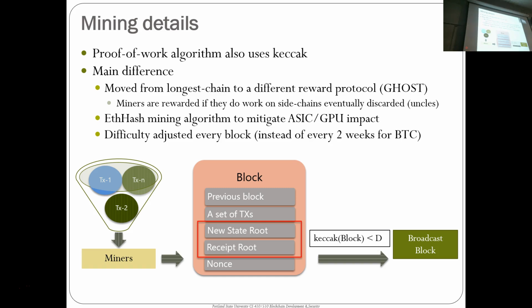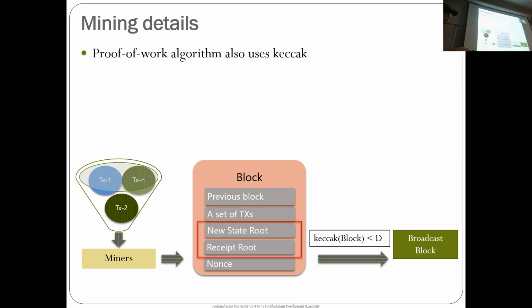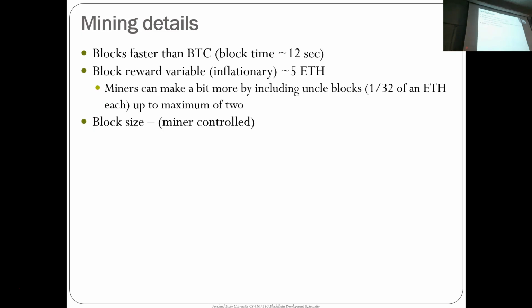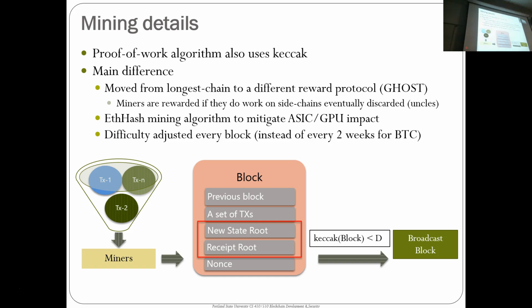There's also a different, programmable mining algorithm. I said that this is Keccak block hashing, but this is actually configurable. They wanted to limit the ASIC and the GPU impact on the blockchain.